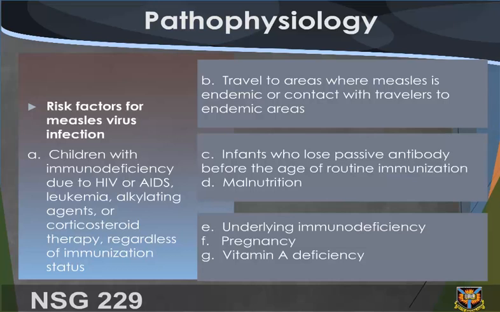C. Infants who lose passive antibody before the age of routine immunization. D. Malnutrition. E. Underlying immunodeficiency. F. Pregnancy. G. Vitamin A deficiency.